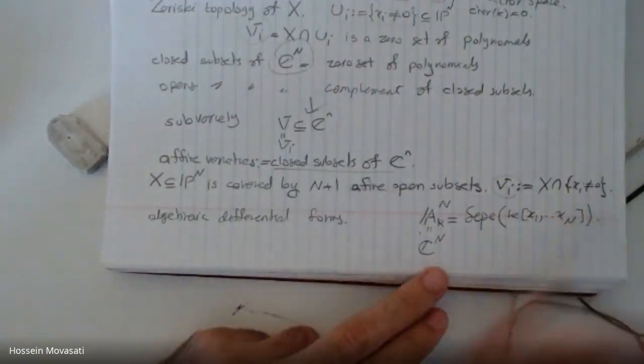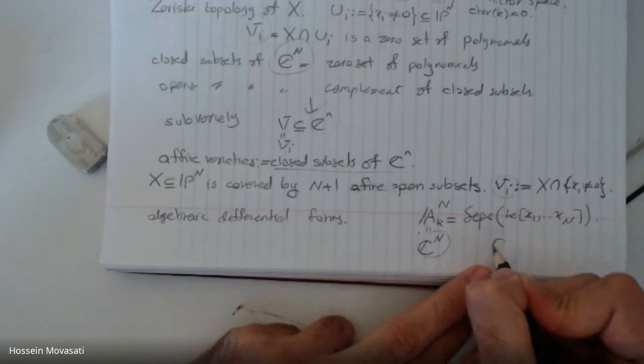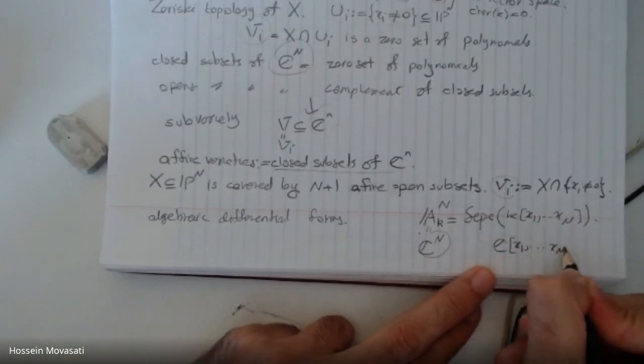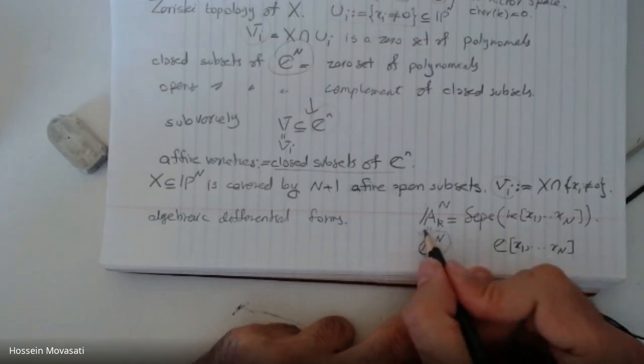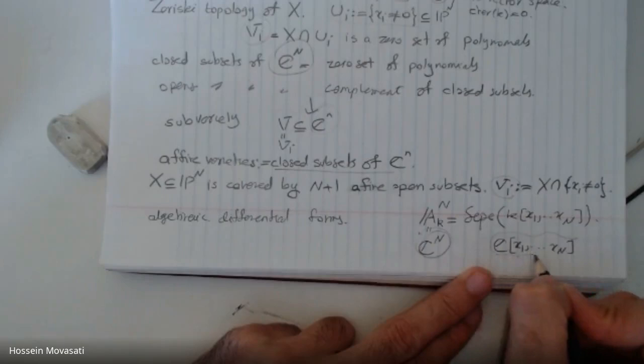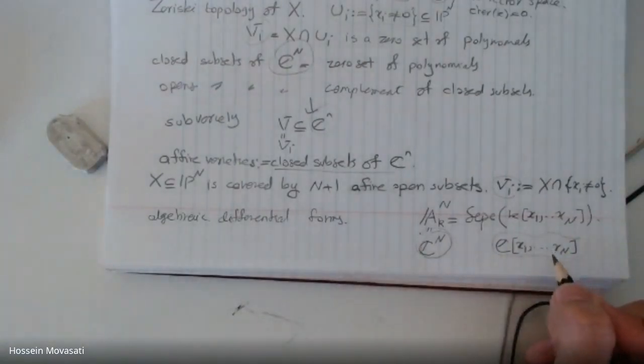And remember that at the end, the points of C^n are not important. What is important is the ring of functions of this variety. Anyway, all the computation that we want to do here at the end will reduce to computation over this ring.